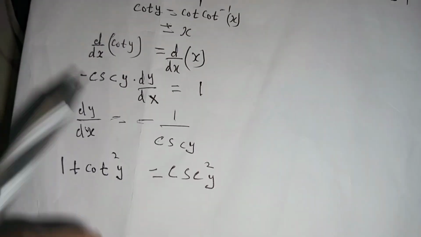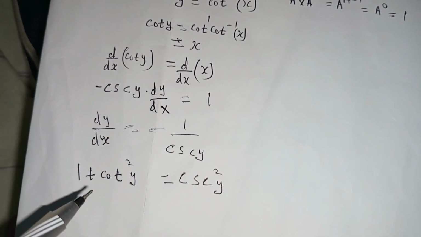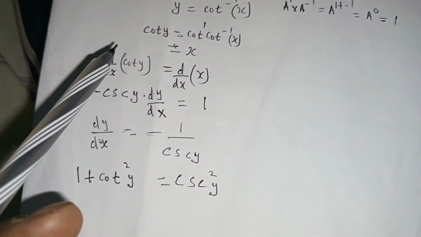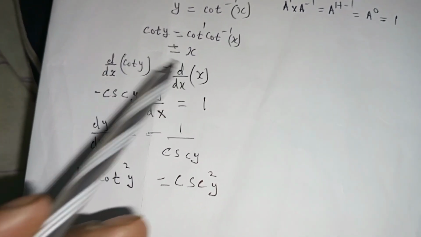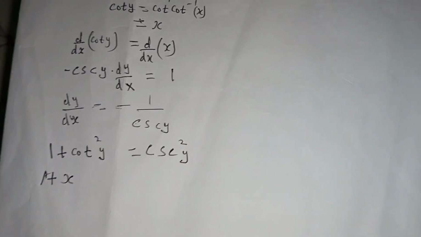Then we note that from above here, we have cot of y is equal to x. So we substitute. So we have 1 plus x squared, which is equal to cosec squared of y.